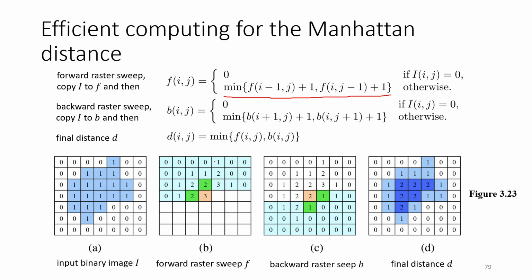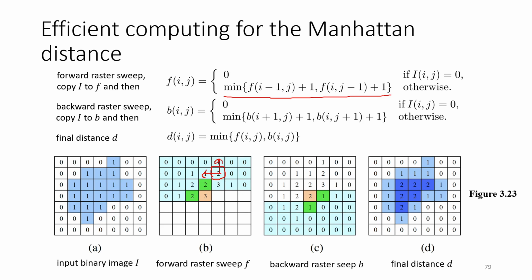So for example, here is 1 and here is 1. When we need to calculate the next pixel's distance value, it will take the first, this is 1 and this is 1. So 1 plus 1 is 2, and this 1 plus 1 is 2. Which is the minimum?